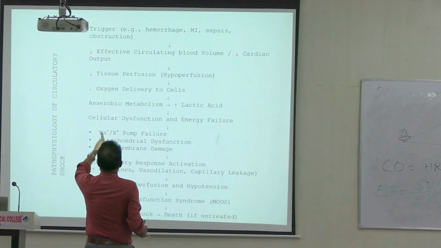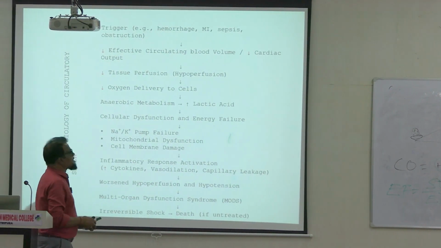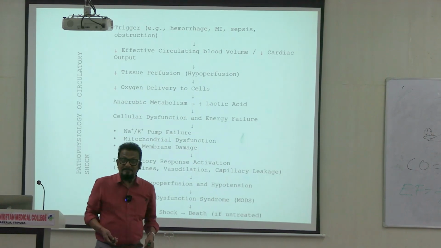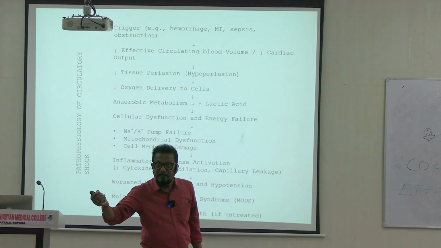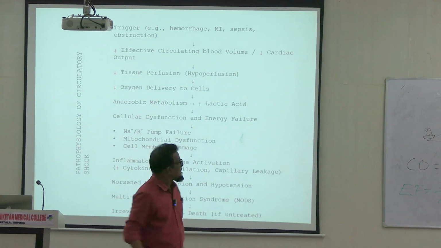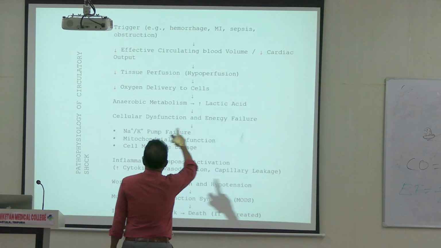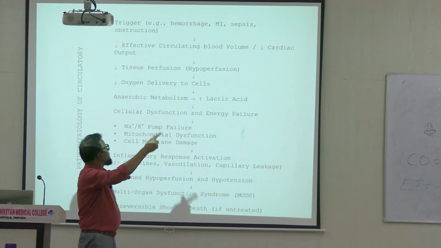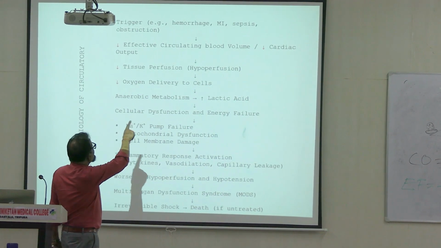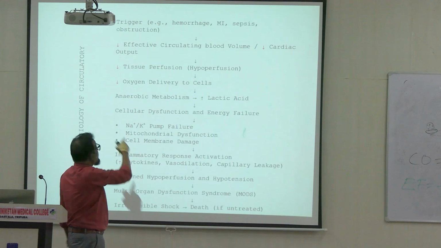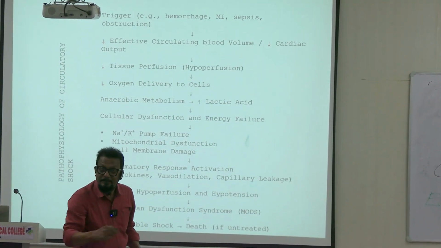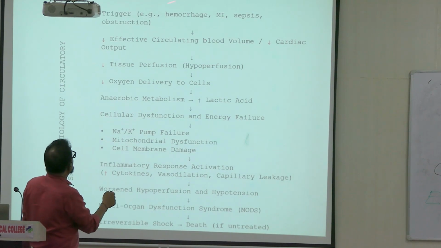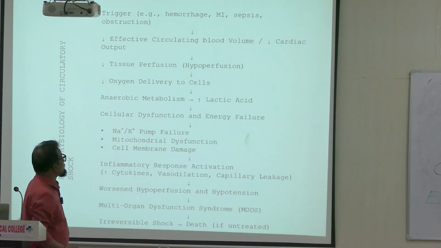So hemorrhage, myocardial infarction, sepsis. In sepsis, there will be liberation of interleukin, vasodilation, and obstruction of outflow. As a result, effective circulating blood volume, that is cardiac output, will be reduced.